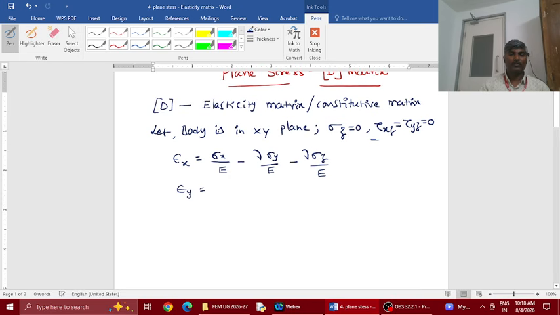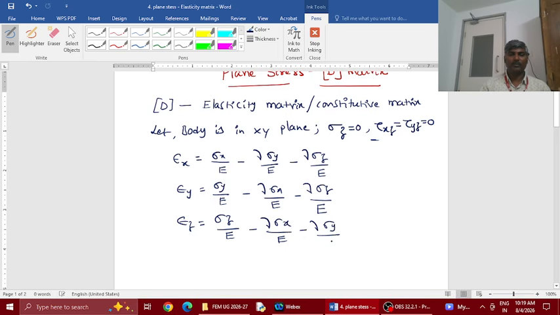Similarly, for y direction, epsilon y is sigma y by E minus nu sigma x by E minus nu sigma z by E. Similarly, epsilon z is sigma z by E minus nu sigma x by E minus nu sigma y by E.